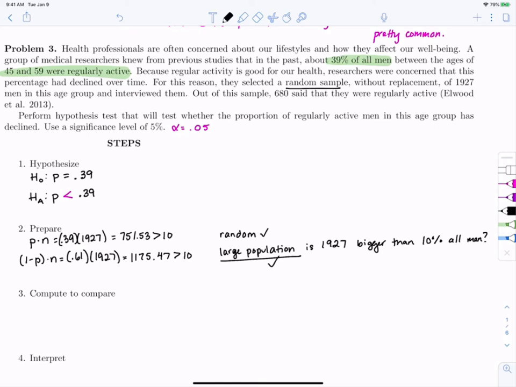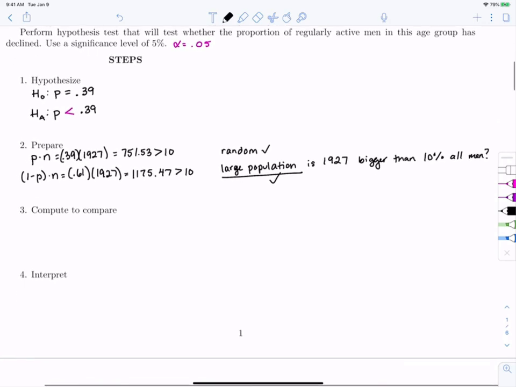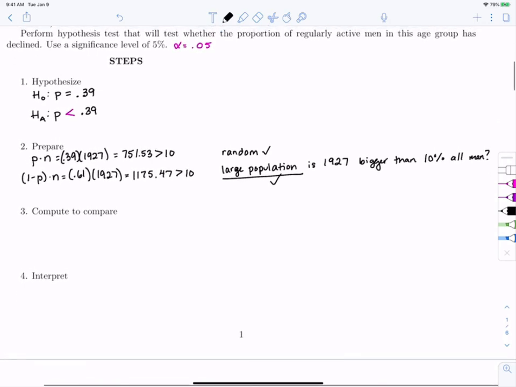Okay. So the next thing that we're going to do is use our calculator to find our p-value. Now I'm doing a one-prop z-test here. And so when I go into my calculator and go to the one-prop z-test menu, it asks for a couple of things. It asks for p sub 0. So remember that p sub 0 is the value coming from our null and alternative hypothesis. So in this case, that's 0.39.